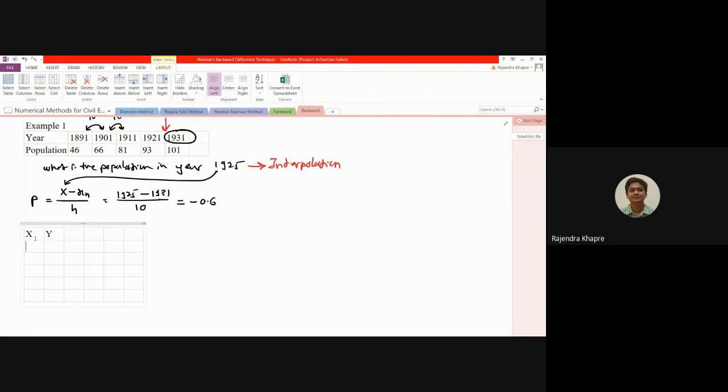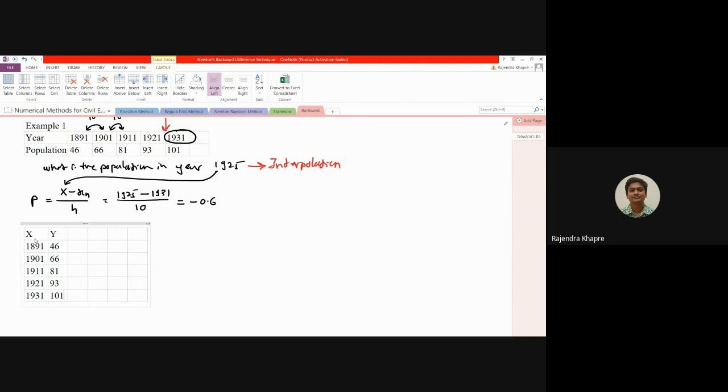The x values are 1891, 1901, 1911, 1921, 1931, and the y values are 46, 66, 81, 93, and lastly 101.